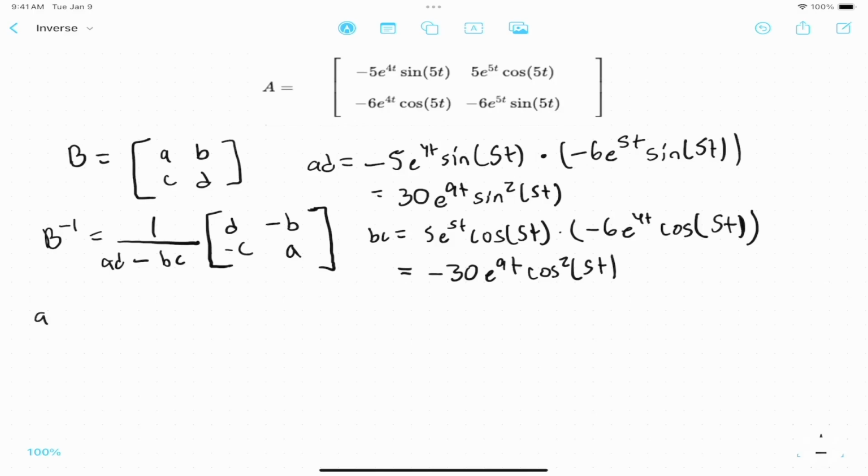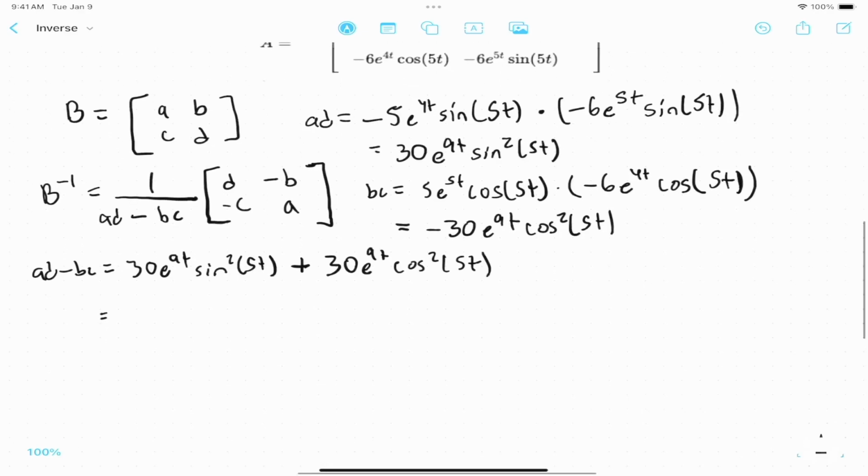So AD minus BC is 30e to the 9t sine squared of 5t minus B times C, which we said was negative 30. Minus negative 30 becomes positive. So 30e to the 9t cosine squared of 5t.